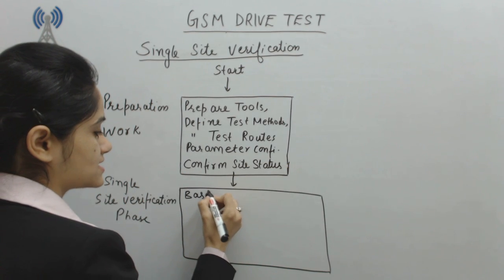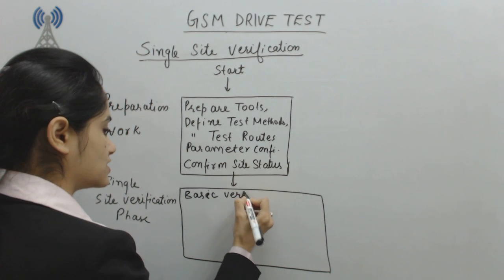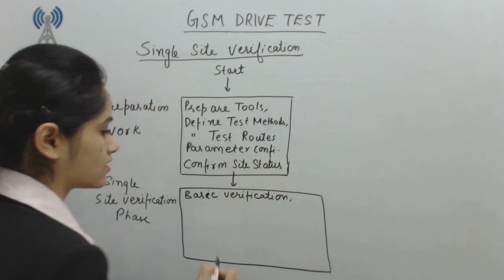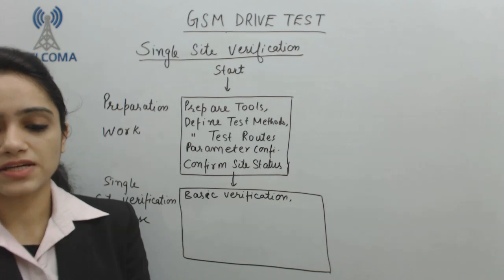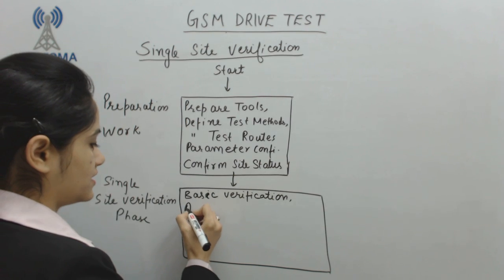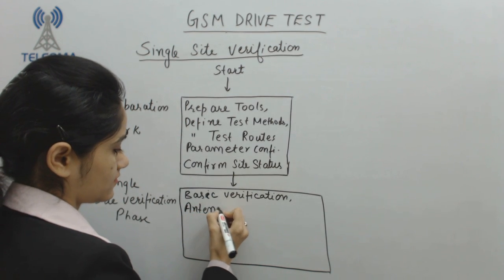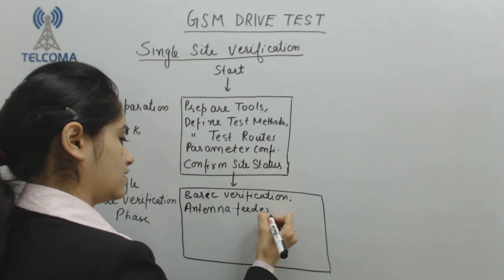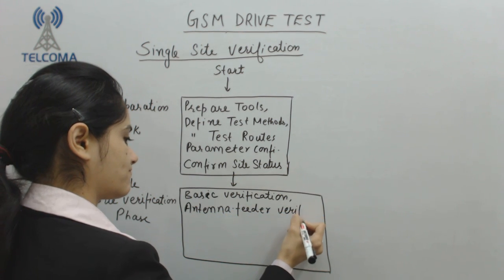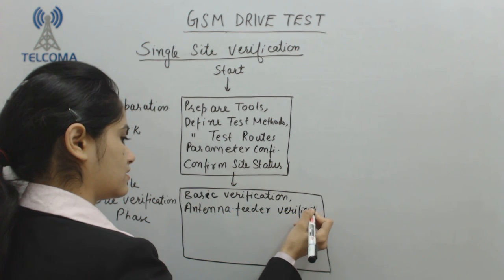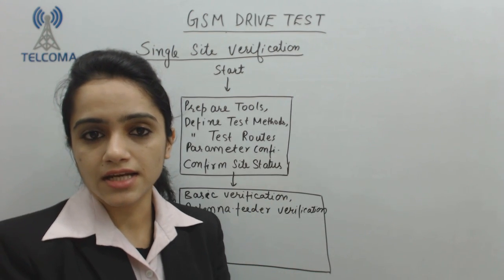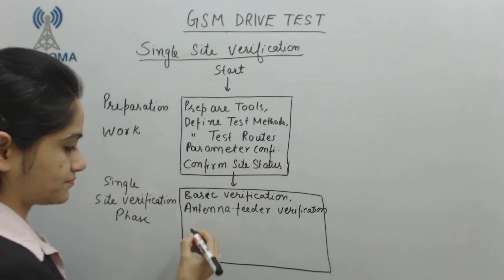So that is basic verification. After basic verification, we require antenna feeder verification. So we are verifying the antenna and the feeder connections in our system.